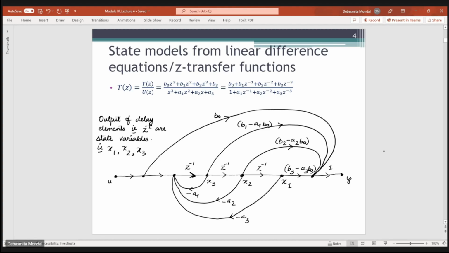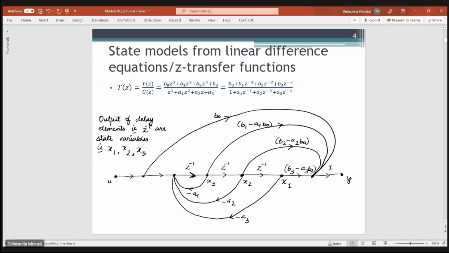So now from here, if you draw the signal flow graph for this system, it will look something like this. In the signal flow graph, U is the input to the system, Y is the output of the system, and we have certain z inverse delay elements present in the system.